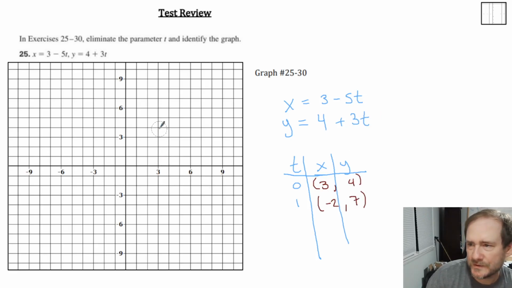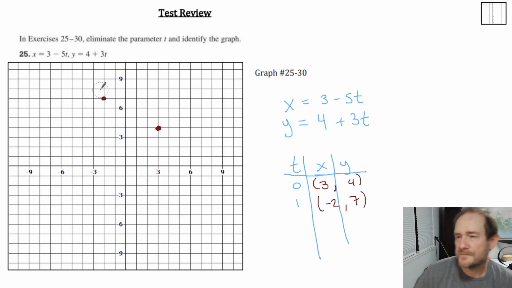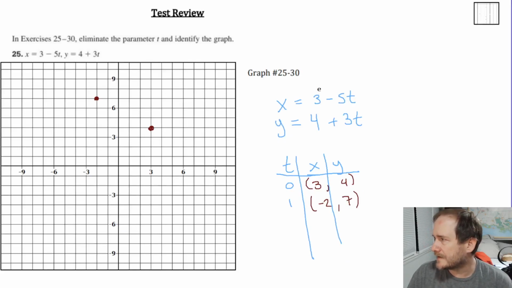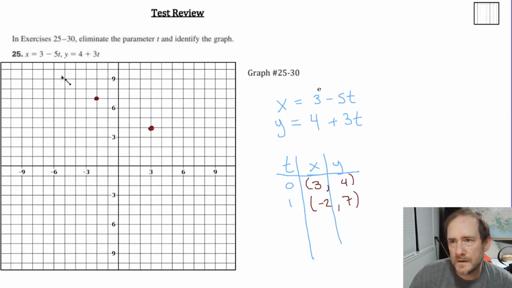So just plot those points, and then you know that your graph is just the line that connects those. Good enough, close enough, right? All right.